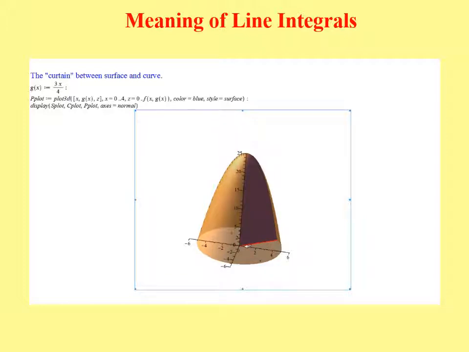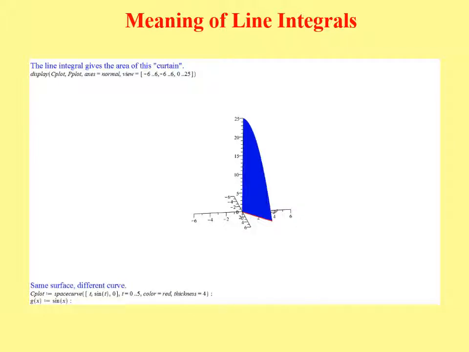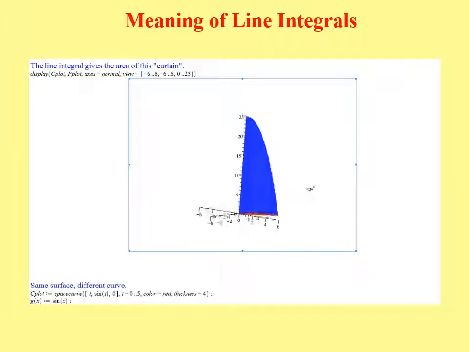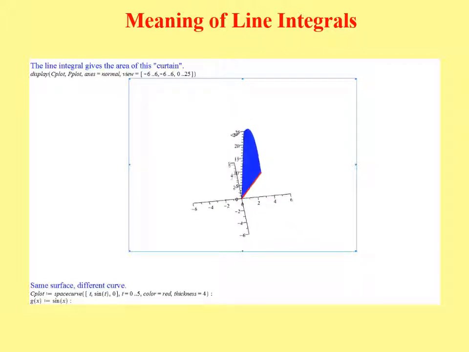So we're looking at going from the curve, that's in the XY plane, up to the surface. And so the area of that region is what we're looking for. Here is that region without any surface on it. So this is actually the line integral of that function over that curve.